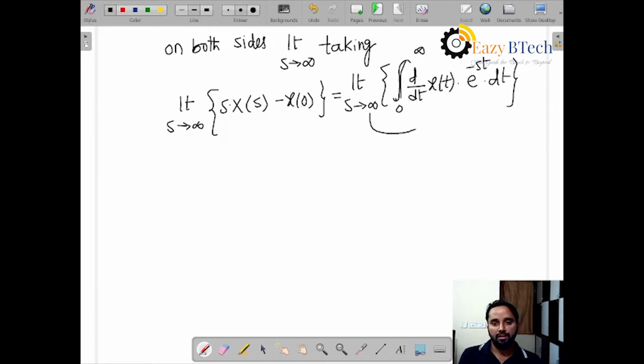By applying the limit s tends to infinity, e power minus infinity is equal to 0.